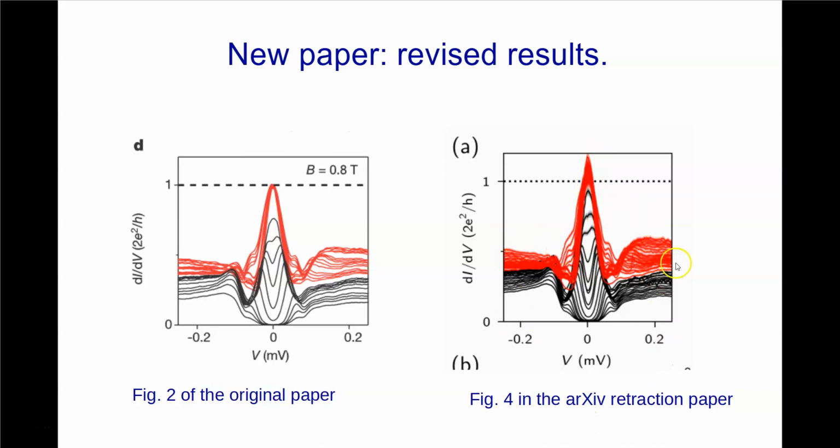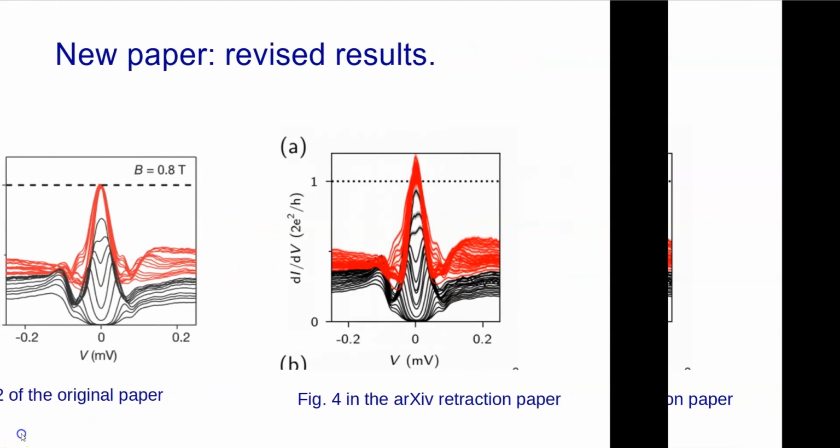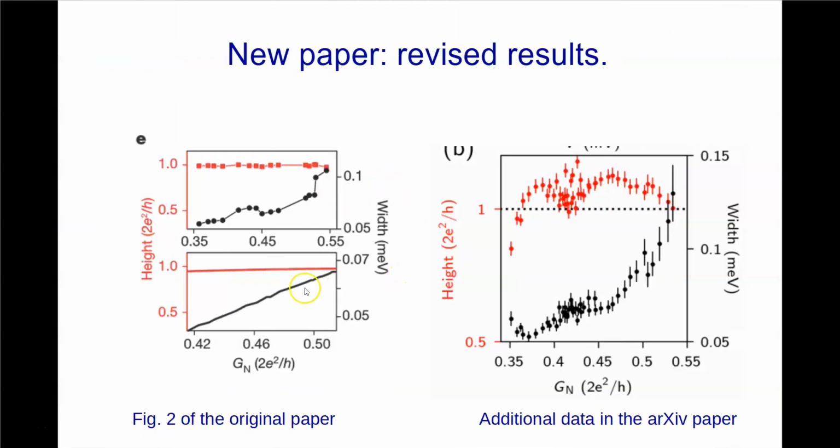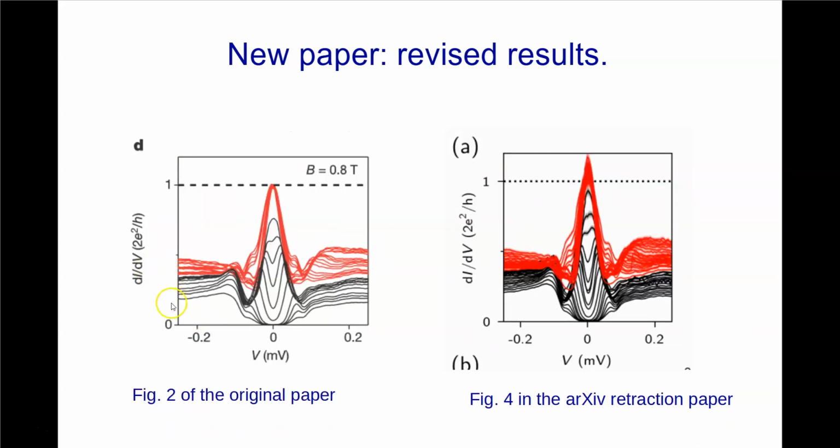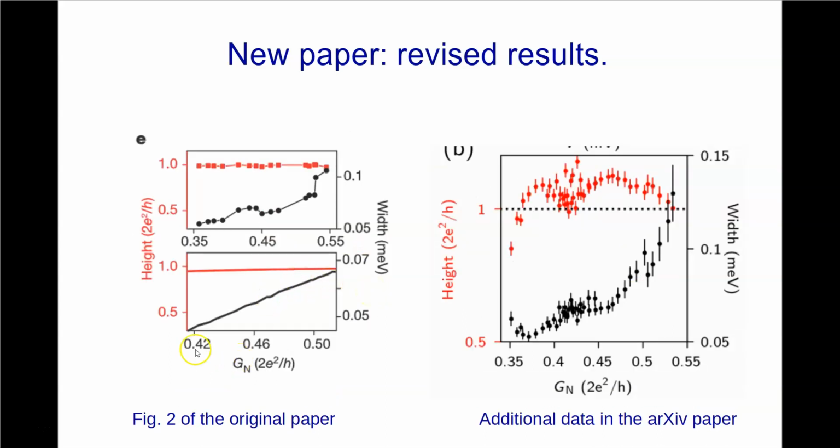So let's take a closer look at this. This is what I'm talking about. Here they plot the height of the peak as a function of that above gap conductance. If we go back one, this is 0.5, so this above gap conductance is slightly below 0.5, in this range here. That's what they're plotting. So it goes from, say, 0.42 to 0.5, and here they say the height stays around 1.